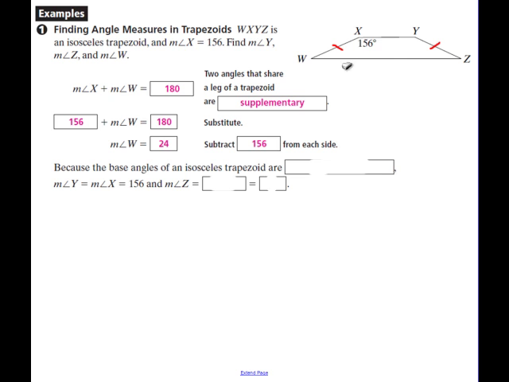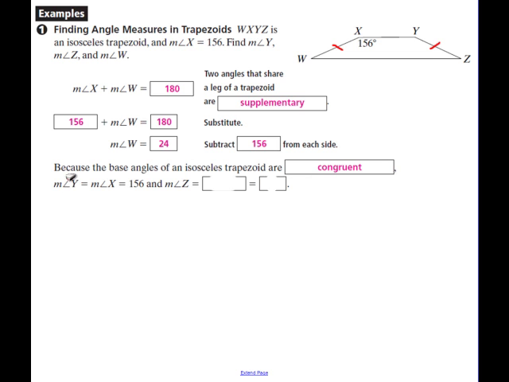And then the easier part to find Y and Z is just recalling that when you have a trapezoid, the base angles of an isosceles trapezoid, not all trapezoids, but isosceles trapezoids, are going to be congruent. And that was one of our special characteristics of isosceles trapezoids that we learned today.